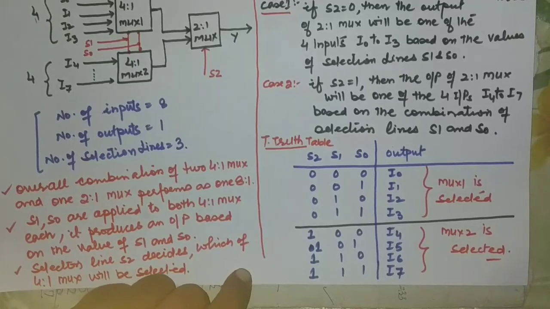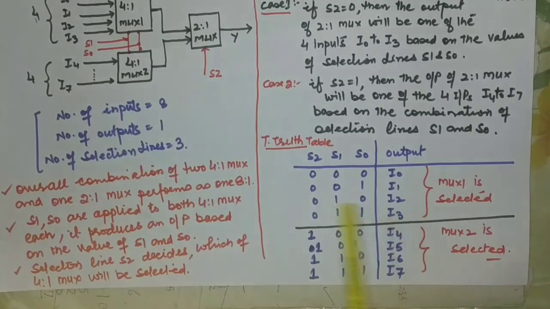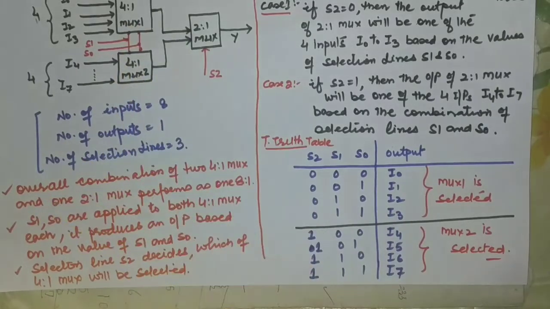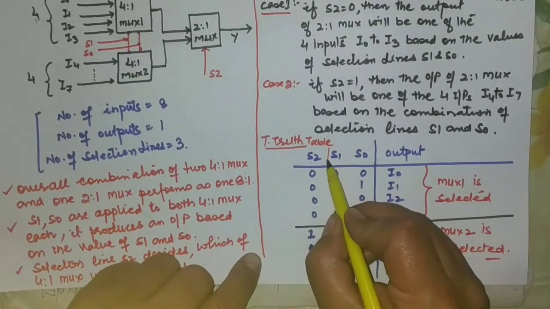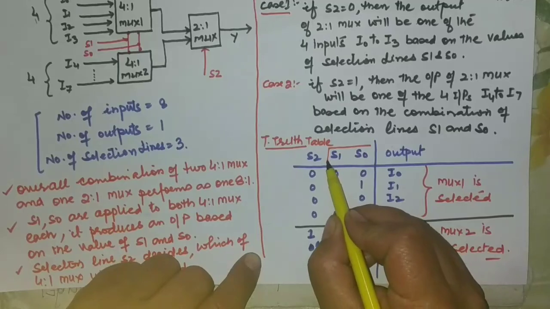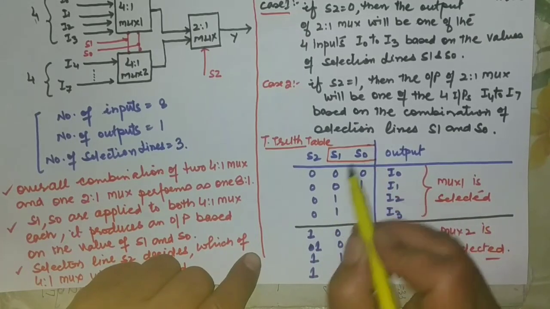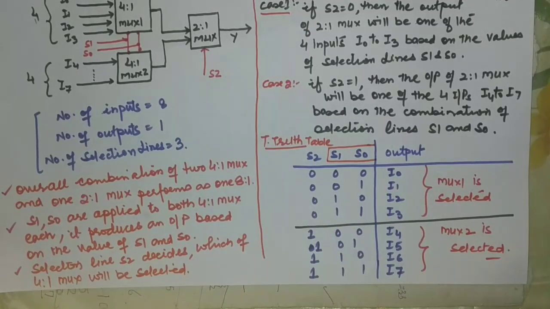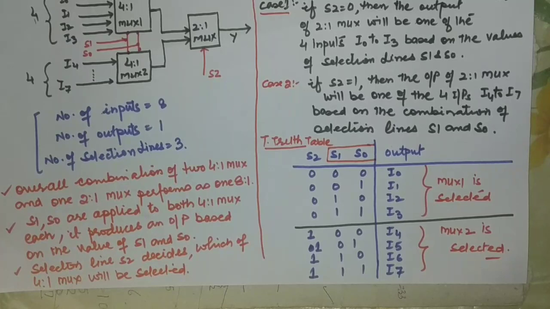And what values are selected as inputs from each of these multiplexers, that is decided by S1 and S0. Okay, this is all about designing 8 to 1 multiplexer using 4 to 1 and 2 to 1 multiplexers.